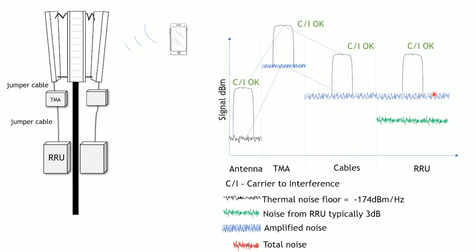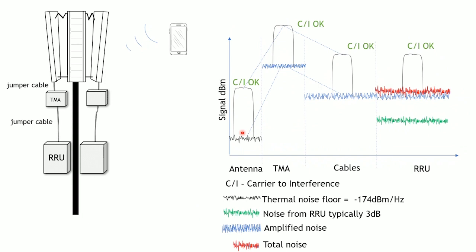The amplified noise is roughly 10 dB stronger than the input noise of the RU. So adding something that is 10 dB lower means that we add 0.4 to this. So we get 10 log 1.1, and that is plus 0.4 dB.